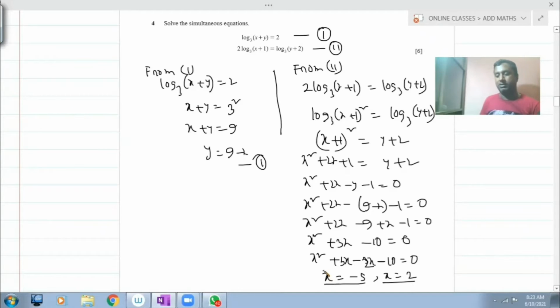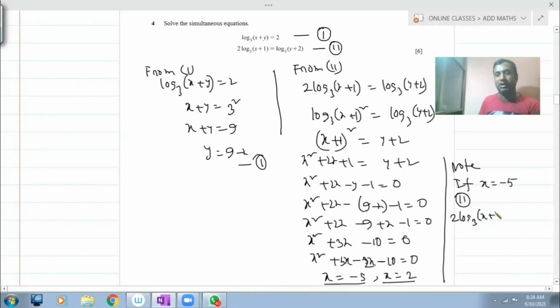But see one important note. If x equals minus 5, if you see equation 2, log 3 of x plus 1 and log 3 of y plus 2.